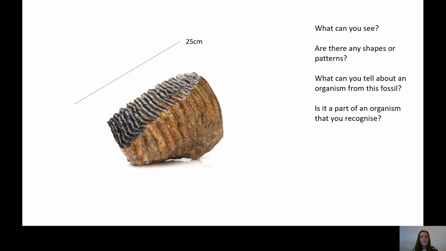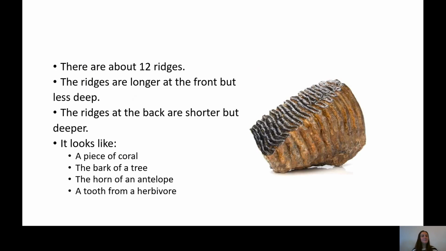Well done, Year 3. So these are some of the things that I was thinking about. So I had a close look and I counted the number of ridges. You can see there's a ridge running along, and I counted that there were about 12 ridges running along the top there. I also looked really carefully and I thought, wow, the ridges at the front of the fossil are much longer, but less deep.